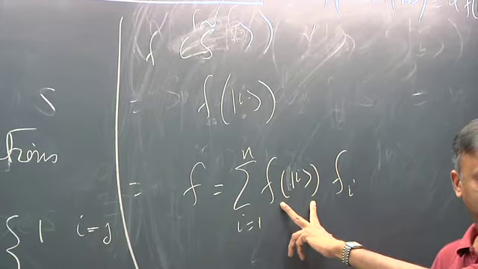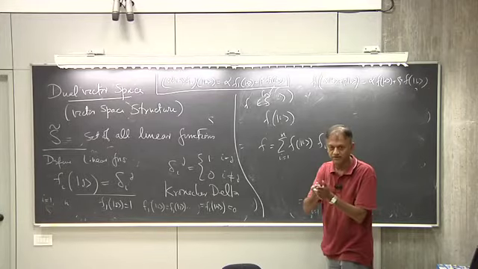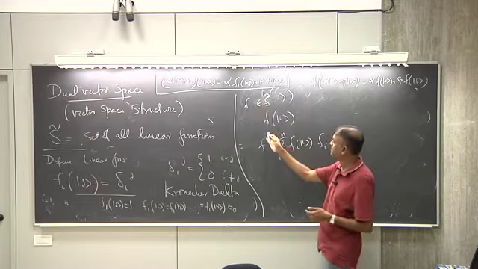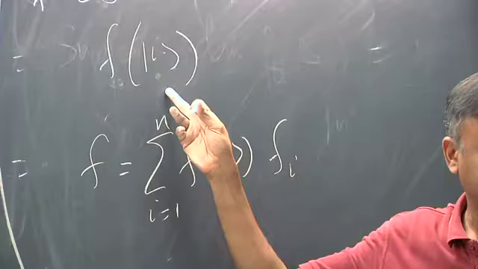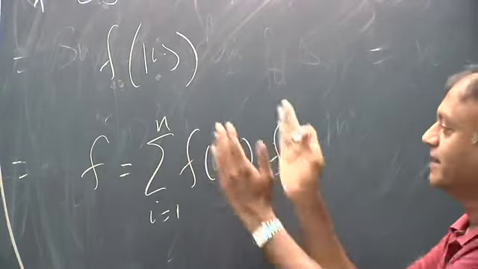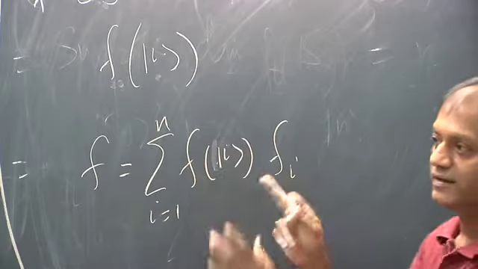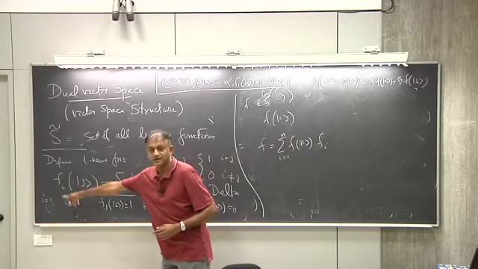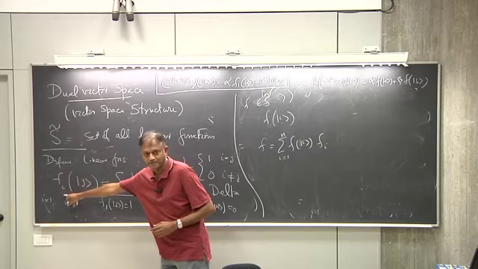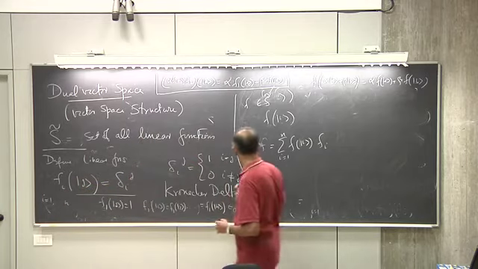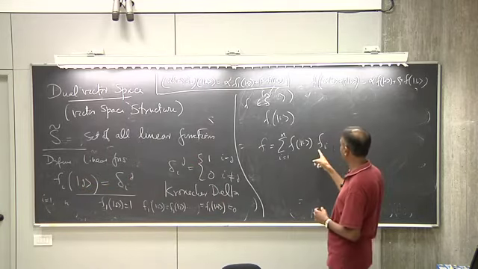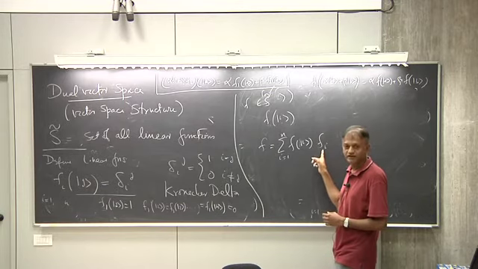I have given you some function f inside S tilde, which means I know what these numbers are. So, I take this number and multiply it to this fi, these basis functions I have defined. Now, the claim is that this f I can express as a linear combination of fi.